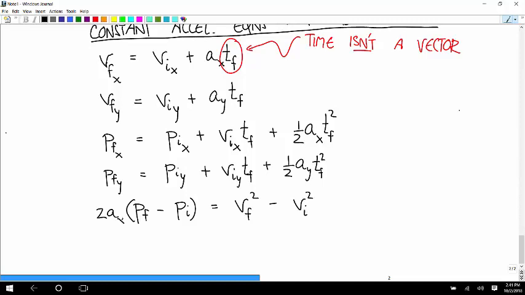That one's true for the x components, and it's also true for the y components. So if you remember those equations from 1D, it's pretty easy to remember them for 2D. You just have to do twice as many of them and put the components on each one.